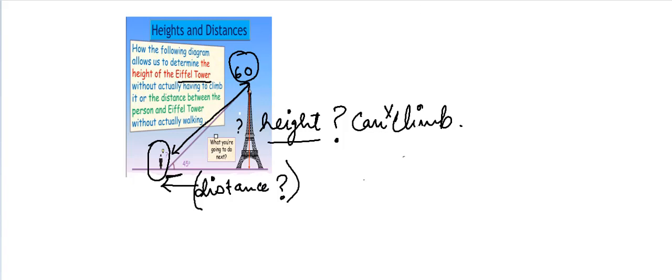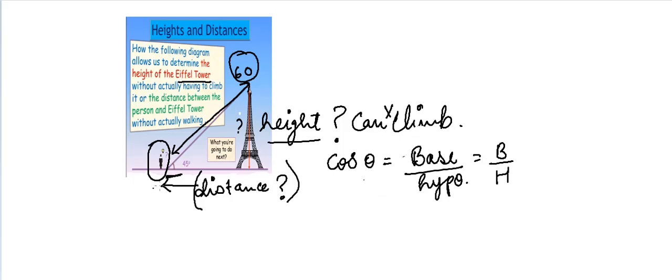Now next, you have to calculate the distance without actual walking. You can't walk, you have to calculate it. Similarly, you can go with cos. We know that cos theta is equal to base by hypotenuse. Your base is this, because this is forming 90 degrees as well as theta. Cos 45, and here you write the base.